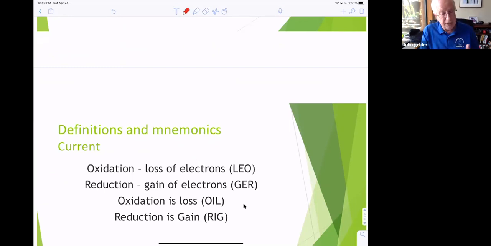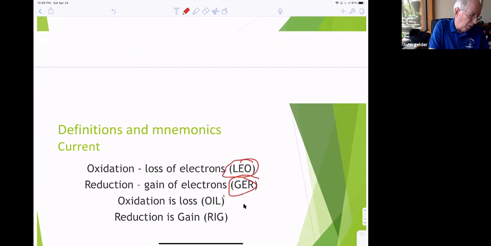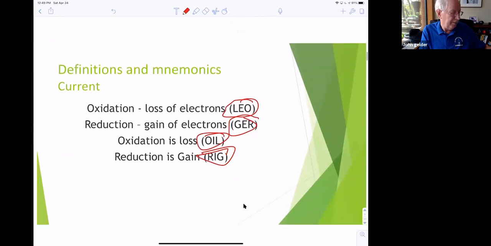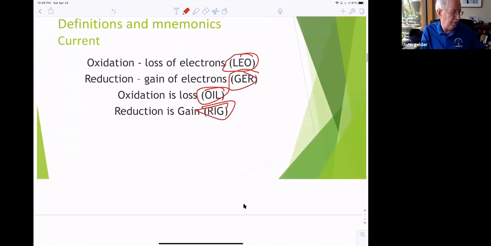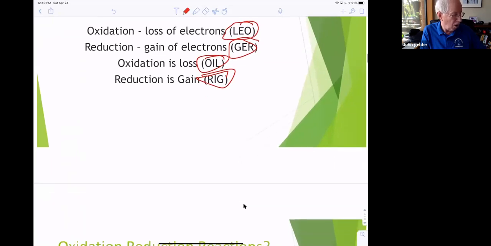Now we talk about loss and gain of electrons, which are just the opposite. And so we've got little mnemonics. We've got LEO and GER, or OIL RIG, which is important in Oklahoma, to help us keep track of the more modern, the current definition of what oxidation and reduction are.